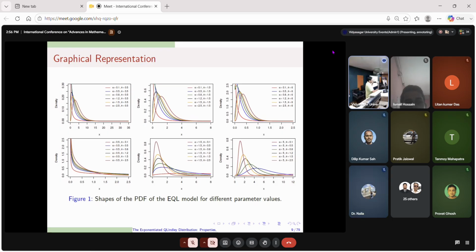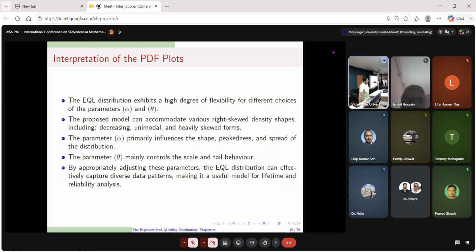Sometimes it is exponential, sometimes it is bell shaped, and many more. So from that graph we are able to say this is flexible enough compared to other distributions, meaning their Lindley counterpart. I think interpretation is not necessary.